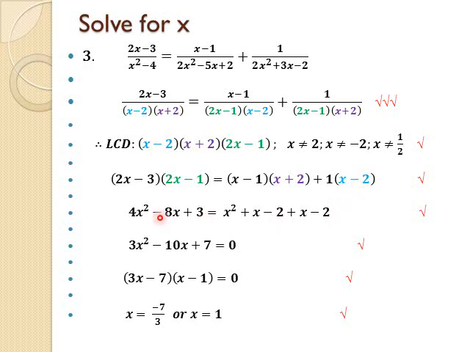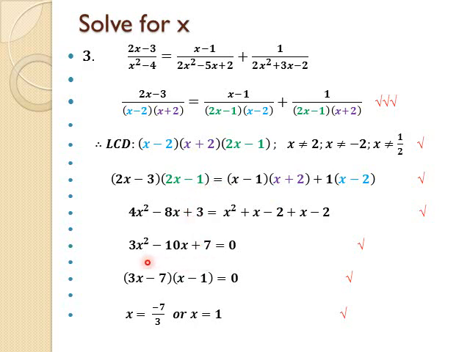Alright, write it in standard form. 4x squared minus x squared gives me 3x squared, minus 8x minus x would give me minus 9x, minus x would give me minus 10x. 3 minus 2 is minus 4. If I bring it over, 3 plus 4 would give me 7.